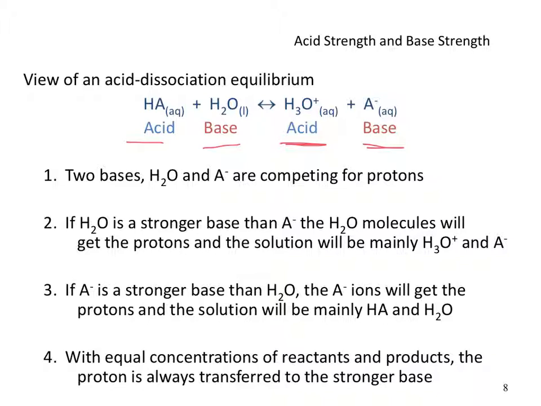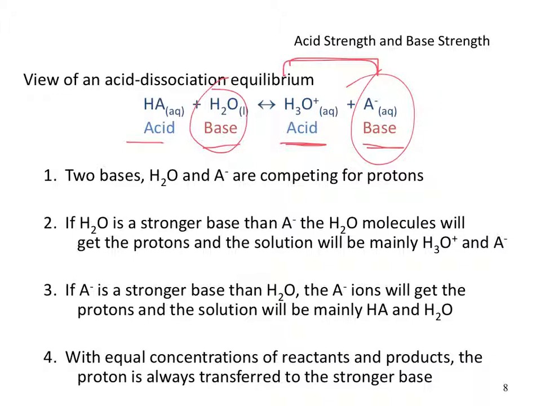Realistically speaking, the two bases, the water and the conjugate base A minus, are both competing for protons. If water is a stronger base than A negative, that means it's going to accept that proton much faster, and that would mean that your primary products in your reaction are going to be hydronium and A negative.